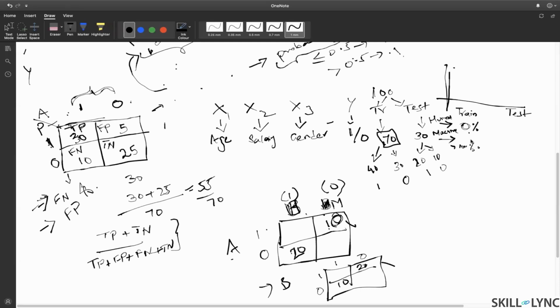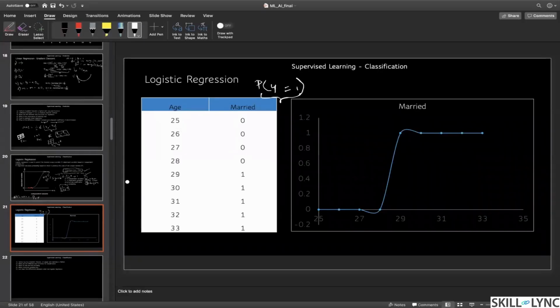Let's take an example. Say there is one more person, of age 24, and say the person is married. Now when we train the model, 24 will be somewhere here, agreed?